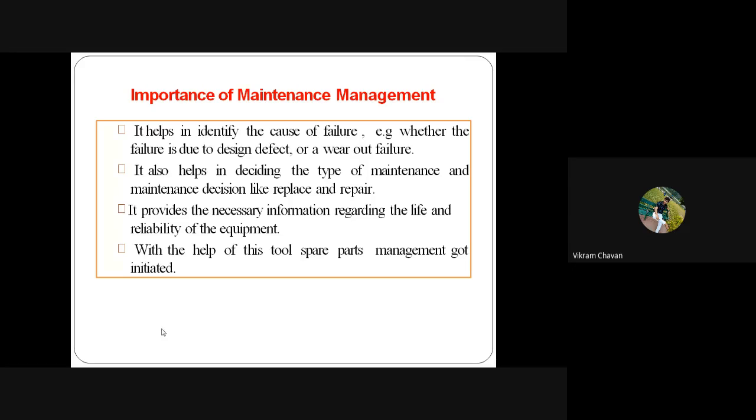Next, with the help of these tools, spare part management got initiated.